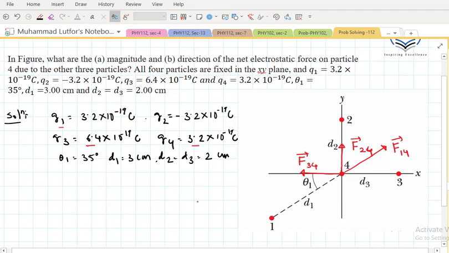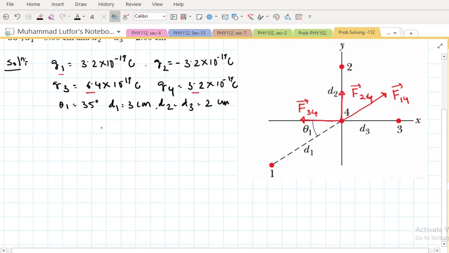Now I'm going to find the magnitude of these forces. First, F24. How can I write F24? This is K Q2 Q4 divided by the distance between these two charges, D2 squared, and the direction of this force would be towards the positive Y direction, so I'll write j hat.